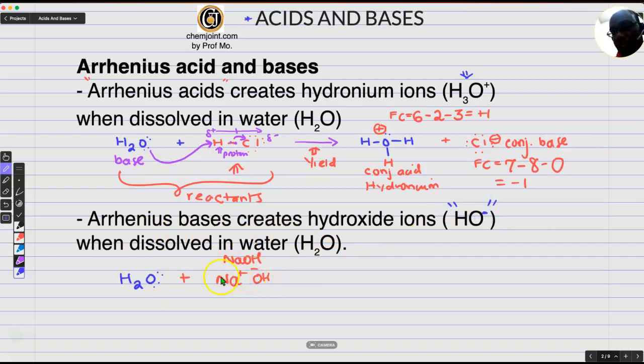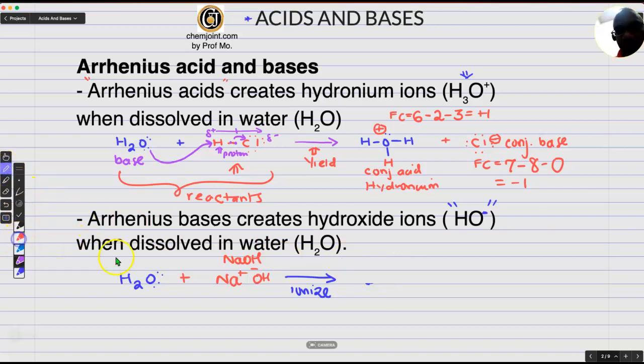In this case, it's an ionic compound that's just going to ionize. It's going to ionize in water, and as it ionizes, it's going to break up to give you hydroxide.